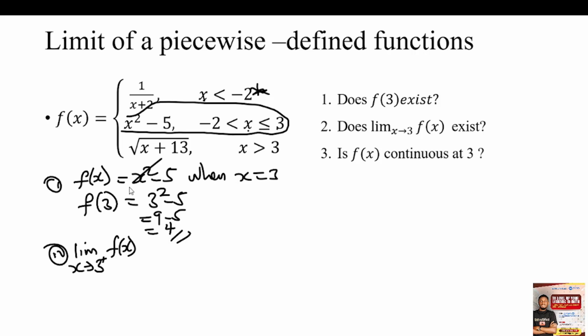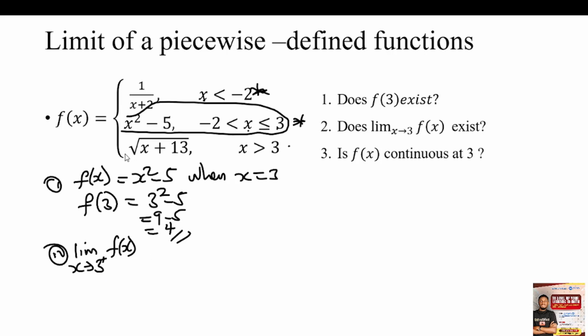Then we check the second one, x is greater than negative 2 and x is less than or equal to 3, so this one too will not satisfy, because we want values of x which are slightly greater than 3. So you can clearly see that the third one, x greater than 3, satisfies the condition of numbers slightly greater than 3, as we approach from the right.